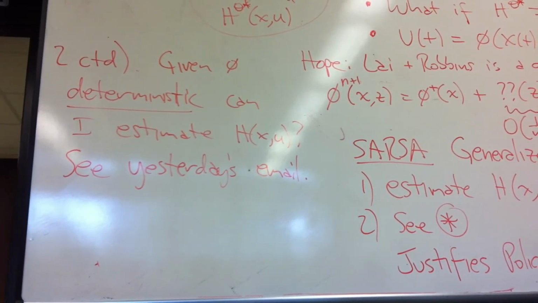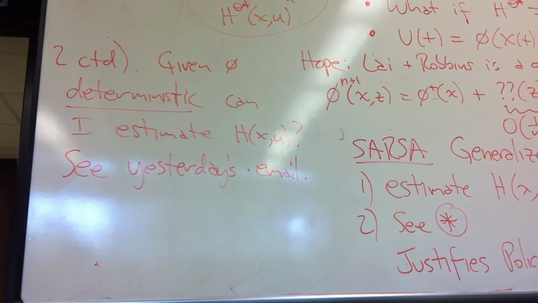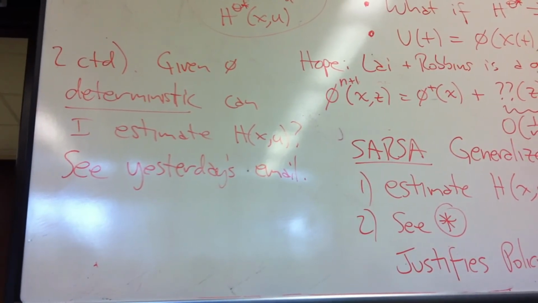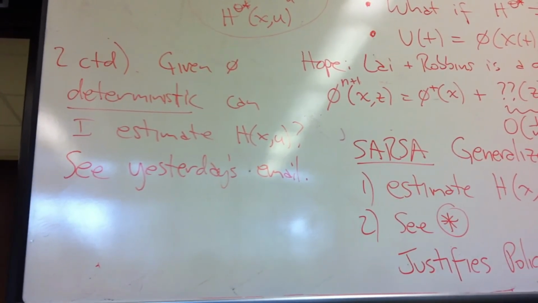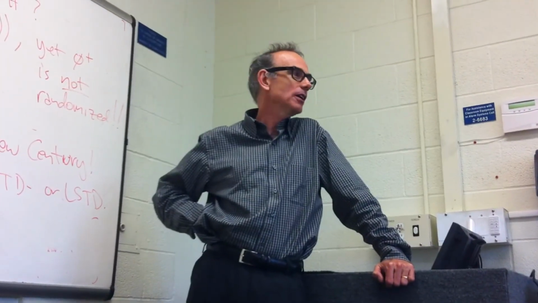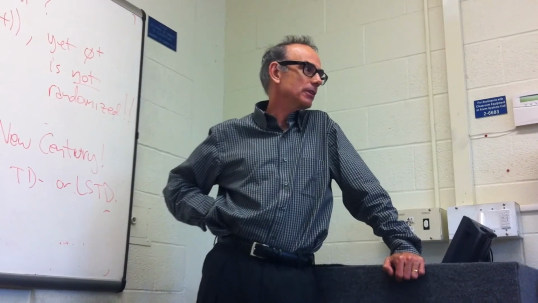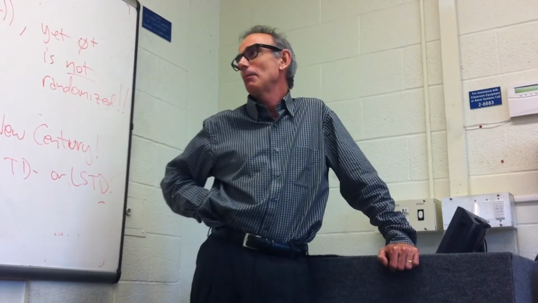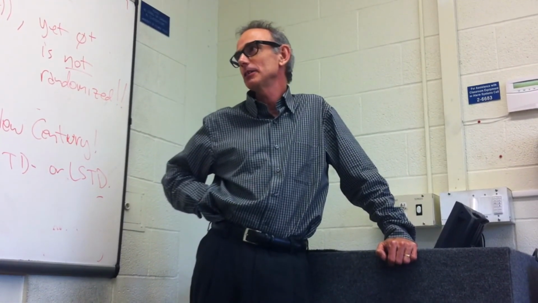I don't know if it's a practical algorithm, but this is another approach. It basically uses something called coordinate sampling to try to explore and get rid of the exploration. I'm not going to get into that. That's really technical.